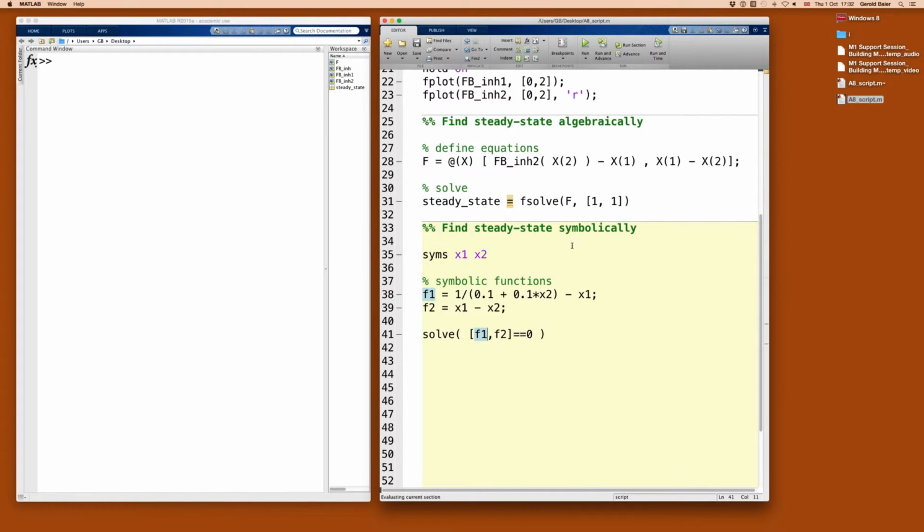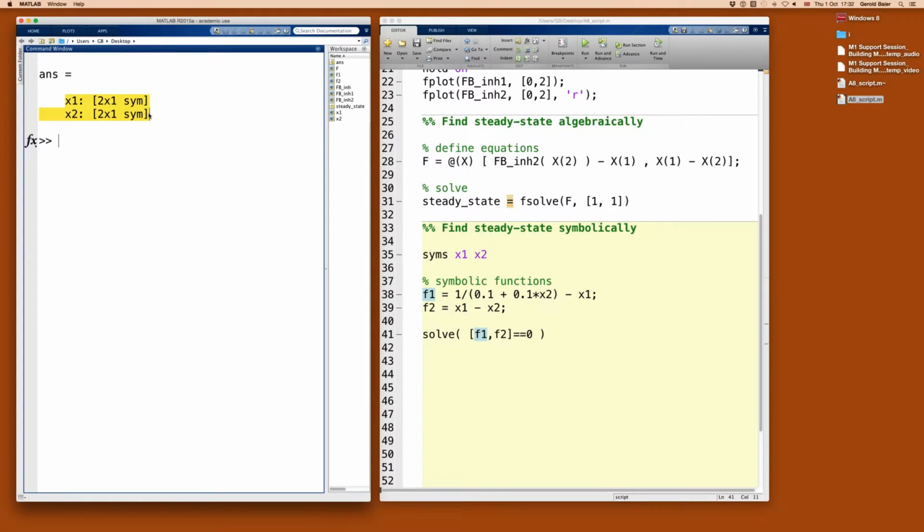Okay, it's taking a little bit of time. Okay, so it says answer equals x1 2 by 1 sym and x2 2 by 1 sym. Right, that's rather cryptic. Okay, so we didn't happen to know what that means. That means that we've got two row vectors coming out of the output of this function. So actually we need to capture both of those independently.